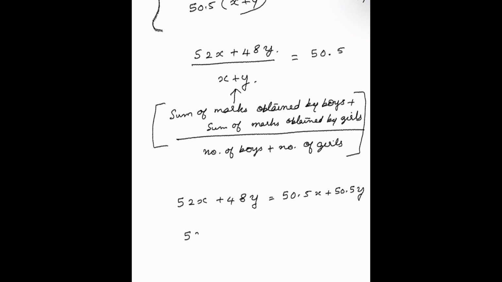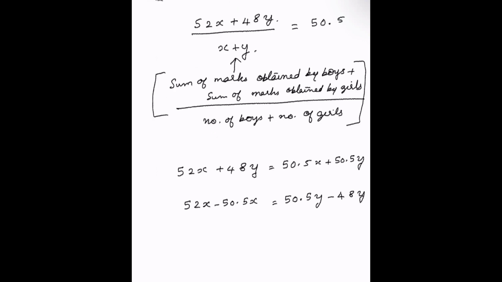So 52x minus 50.5x equal to 50.5y minus 48y. This gives me 1.5x equal to 2.5y.